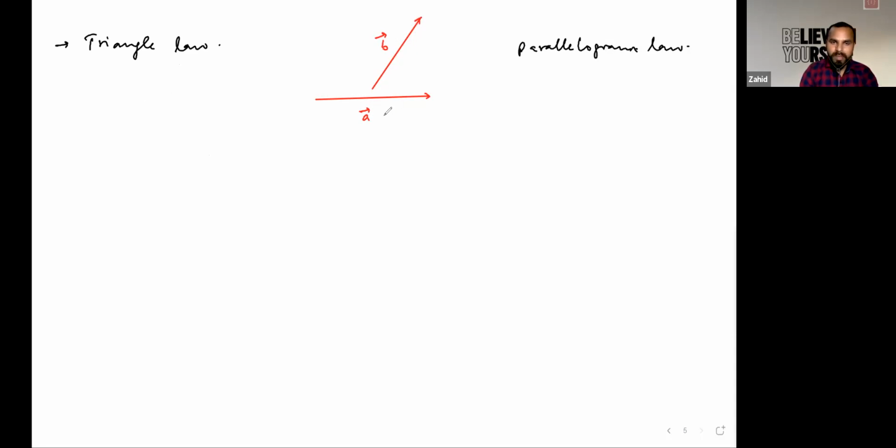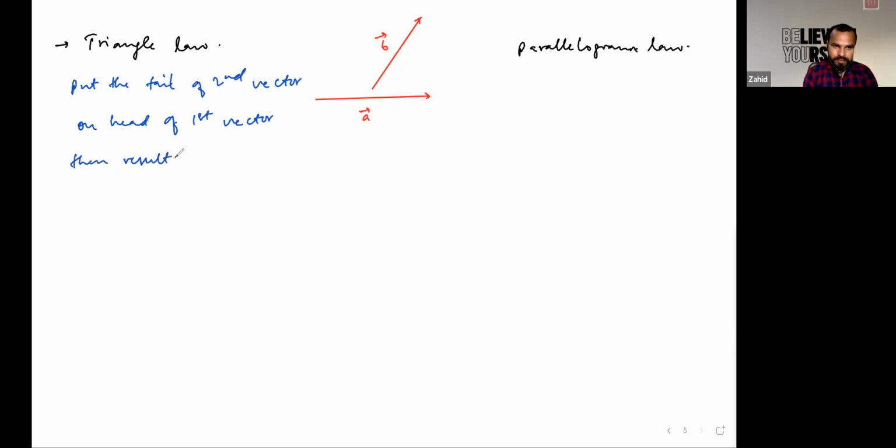For triangle law, make the two vectors consecutive vectors. It means the tail of the second vector must coincide with the head of the first vector, so it is termed as consecutive vectors. Then the resultant will join from the tail of the first to the head of the final.